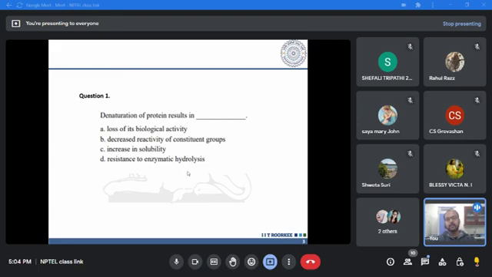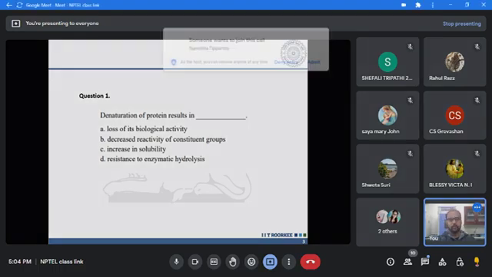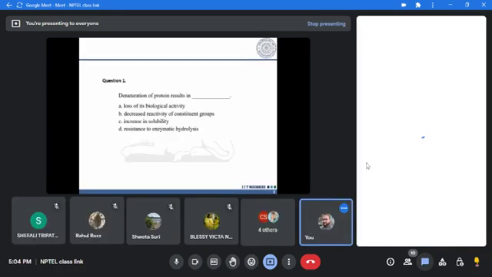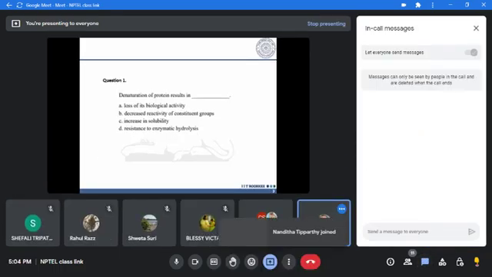What is the result when protein denatures? So your options are A, B, C, D. Those who know can type in the chat box. After getting a few answers, I'll explain what the answer will be.